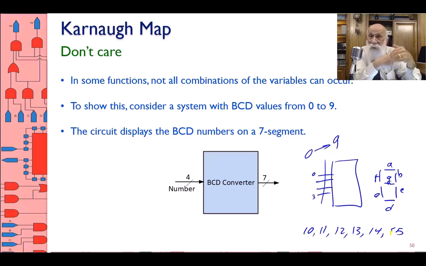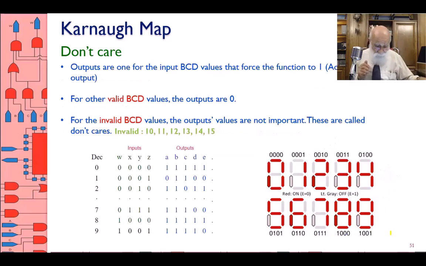So I can either set them all to zeros or set them all to ones, or I can make them don't cares and then choose whichever I want. Let's do this for one of the outputs. I'm going to take output A, for example. See, the input 0000 displays as 111111.